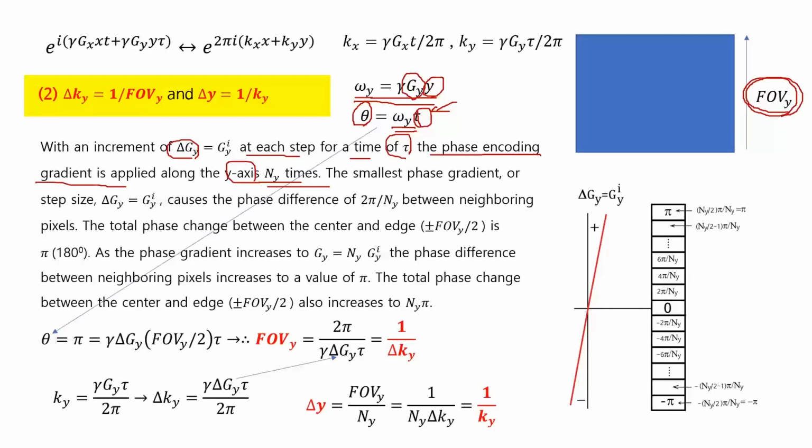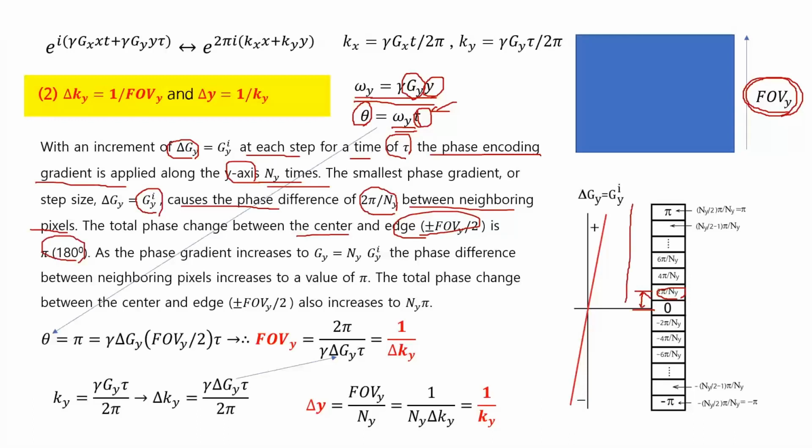The smallest phase gradient or step size, Gyi, causes a phase difference of 2 pi over ny between neighboring pixels. We already discussed this one. So the phase difference between two adjacent pixels is 2 pi over ny. The total phase change between the center and edge is 180 degrees.